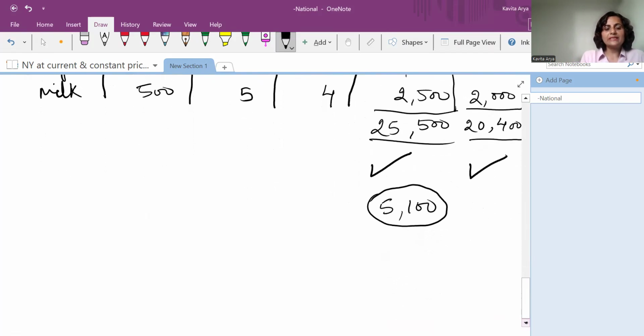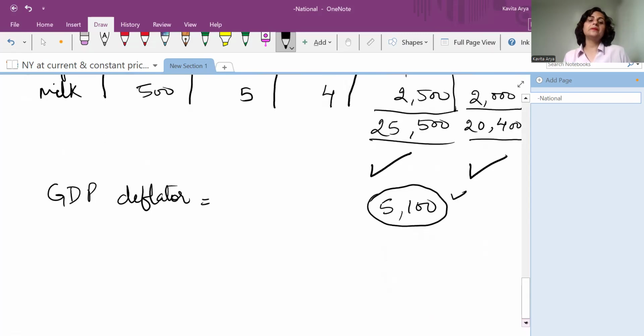So what is the GDP deflator? GDP deflator is a tool which helps us understand this variable, and how we can convert nominal into real and real into nominal.